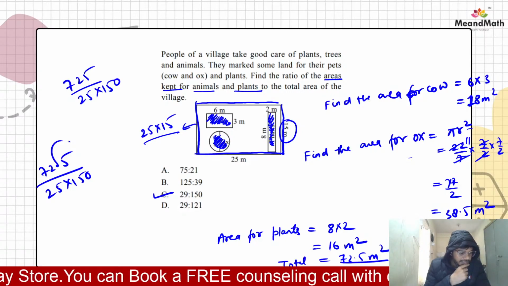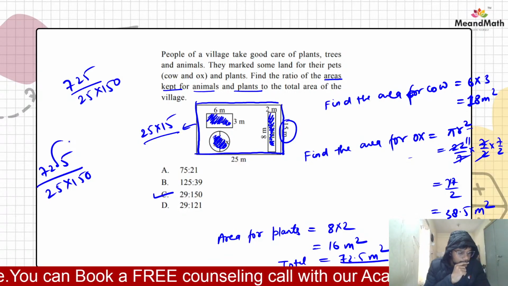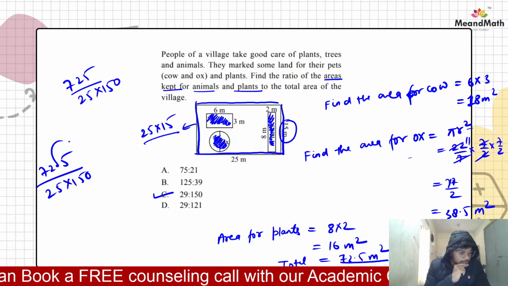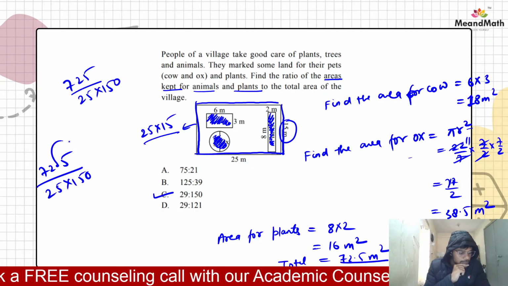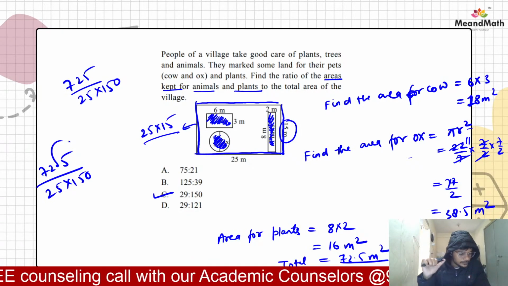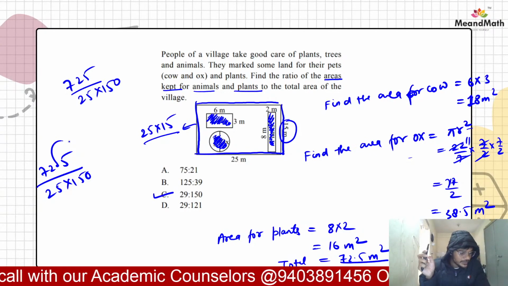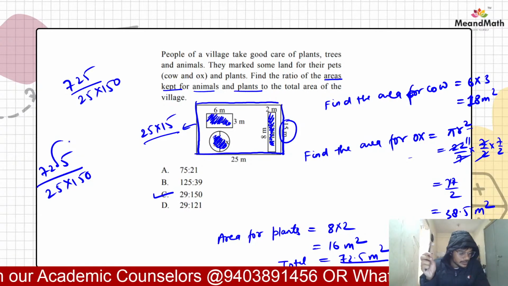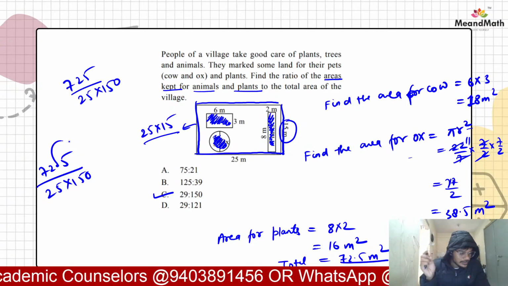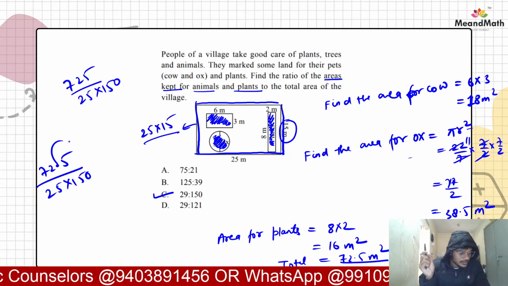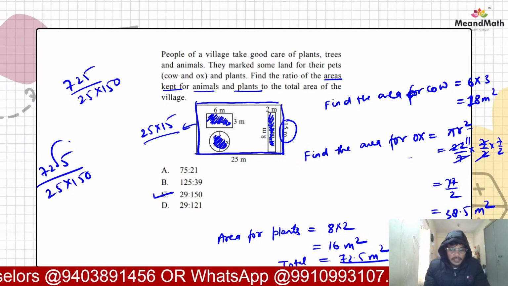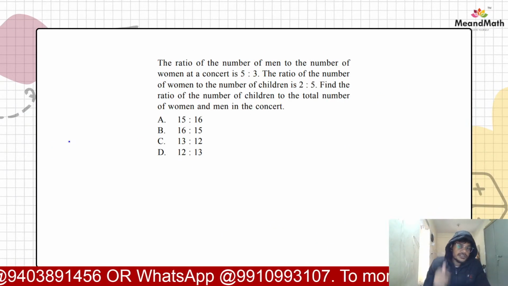All of you, is this clear? Tell me if this is clear, then we'll be moving ahead with the next question. Satvik, Aditya, Arsh. Okay. So if this is clear, then here is your next question.